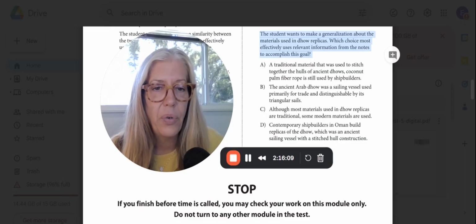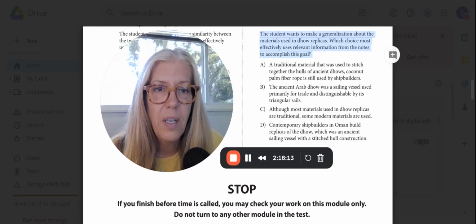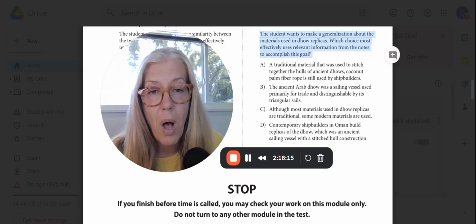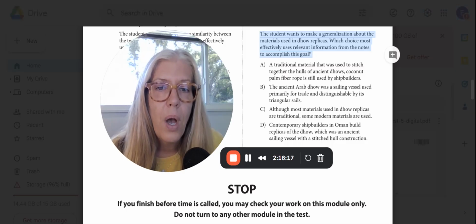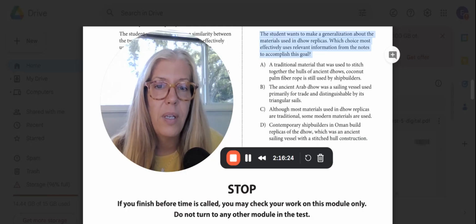That wasn't about the materials used. So you see how A is very specific, coconut palm fiber rope, or C, it talks traditional and modern, and that is a generalization. So I pick C.